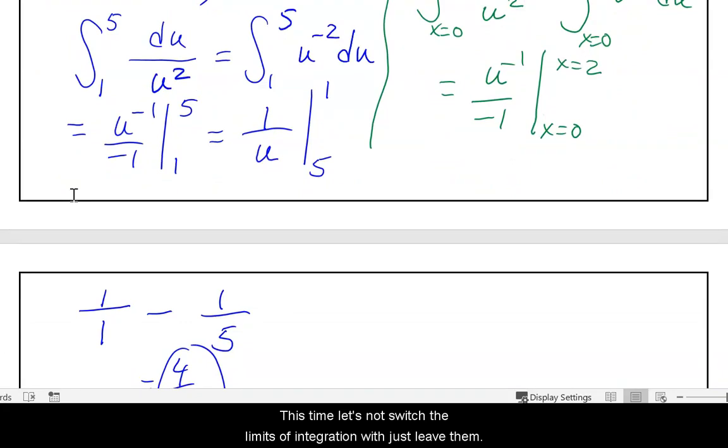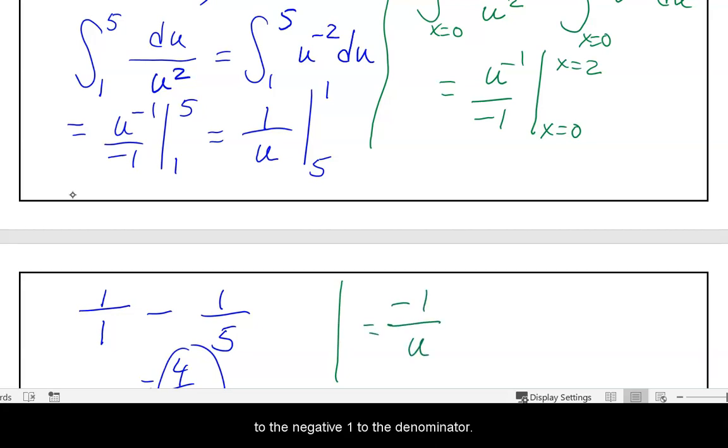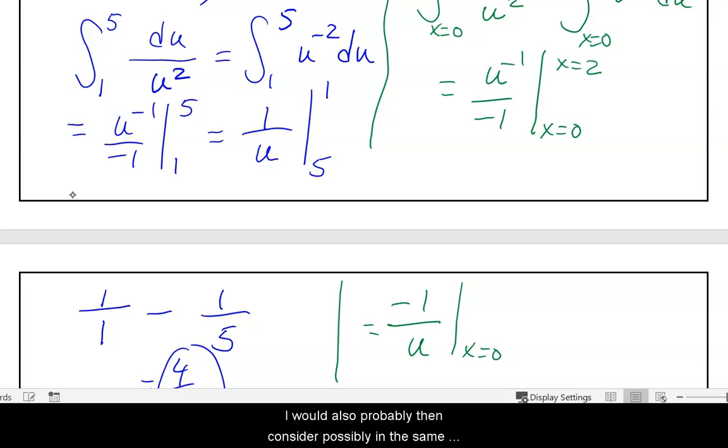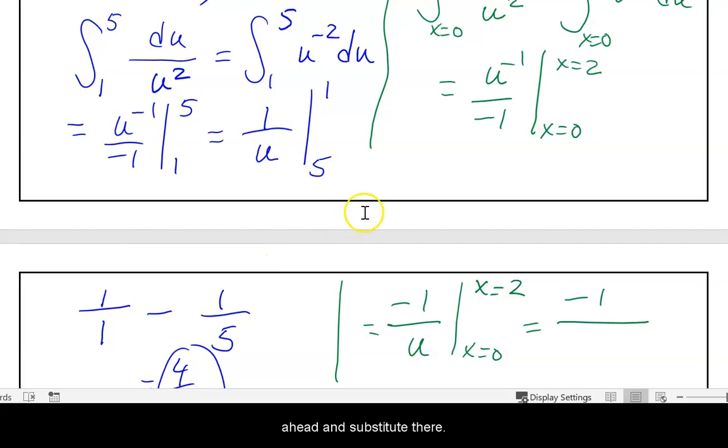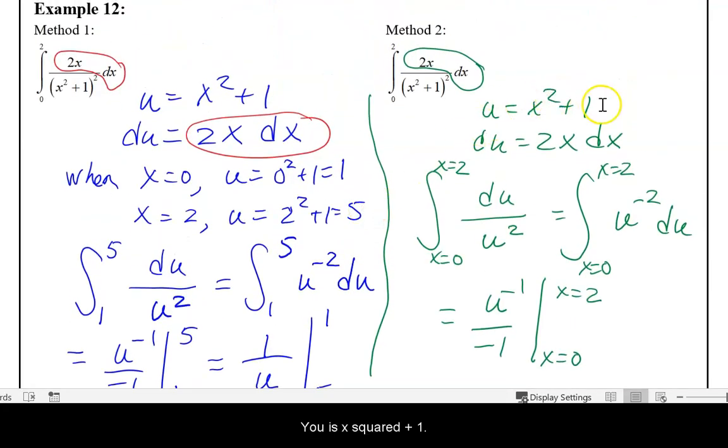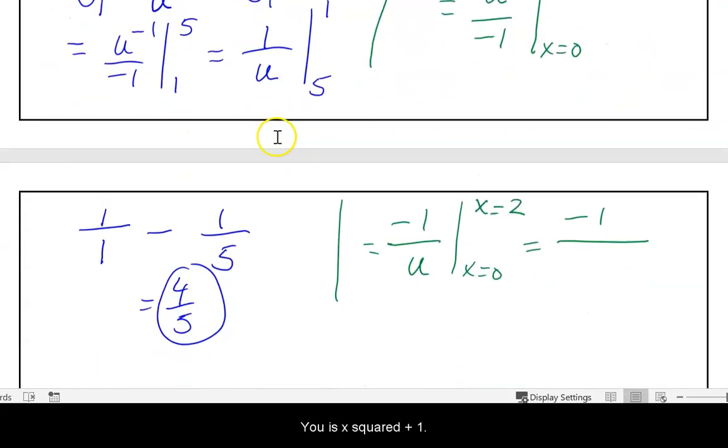Let's just leave them. Then I would write the next step, and I would write the negative 1 in the numerator and drop the u to the negative 1 to the denominator. I would also probably then consider possibly in the same step taking out the u and substituting what u is in. In this case, I did it in 2 steps, but it is okay to go ahead and substitute there. u is x squared plus 1.